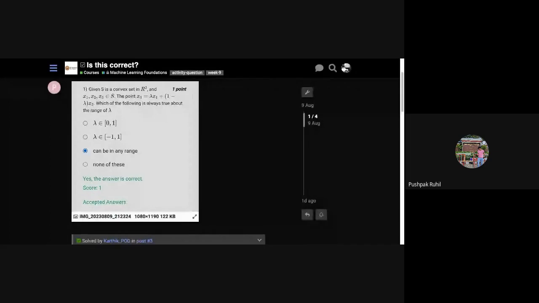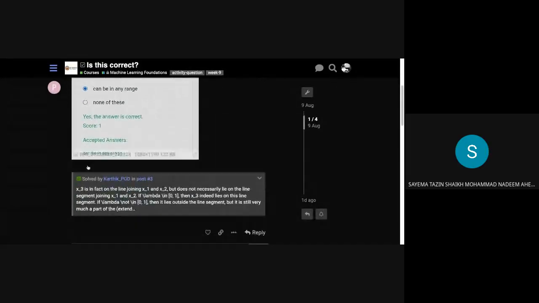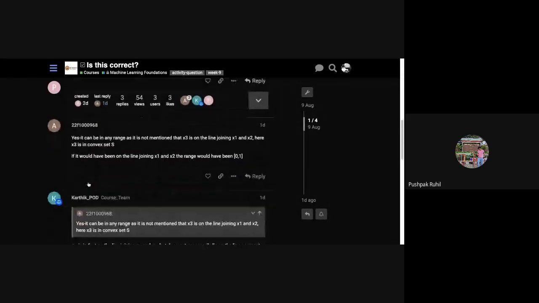Okay, so this was the question, right? The first question from activity 9.4. Yes, sir. So the answer is indeed that it can be any range.